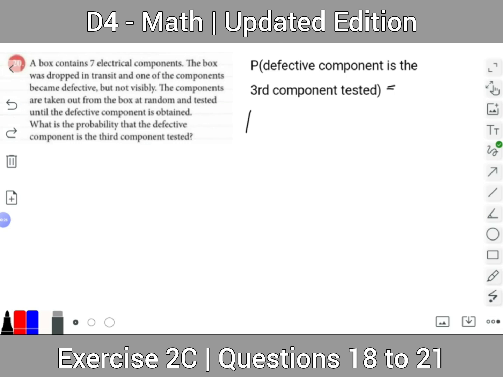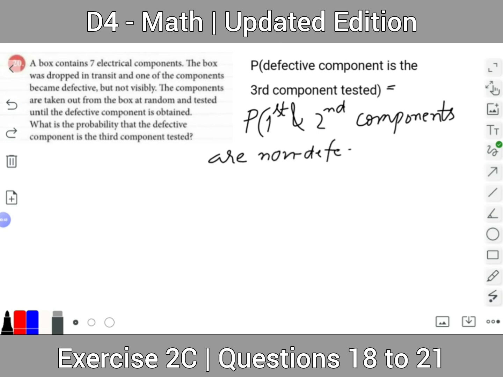So the probability of first and second component are non-defective, third is defective.